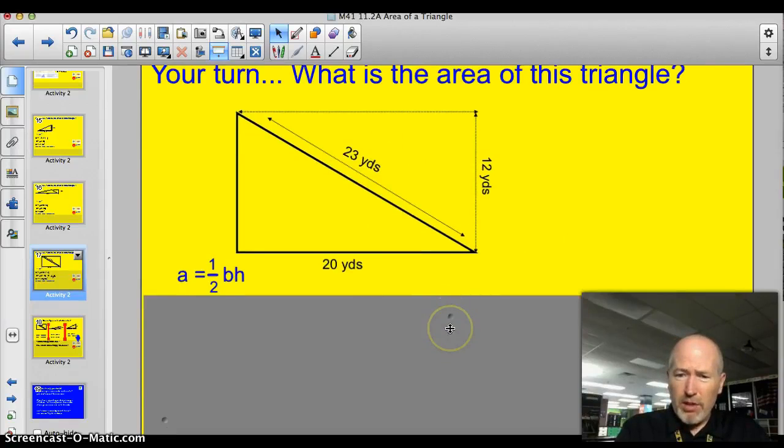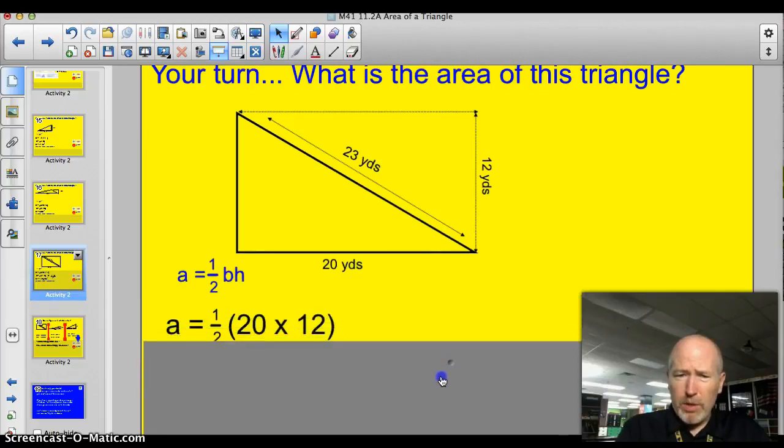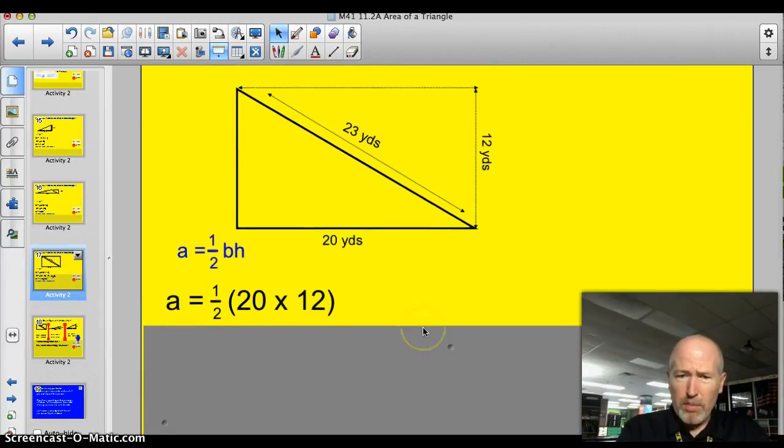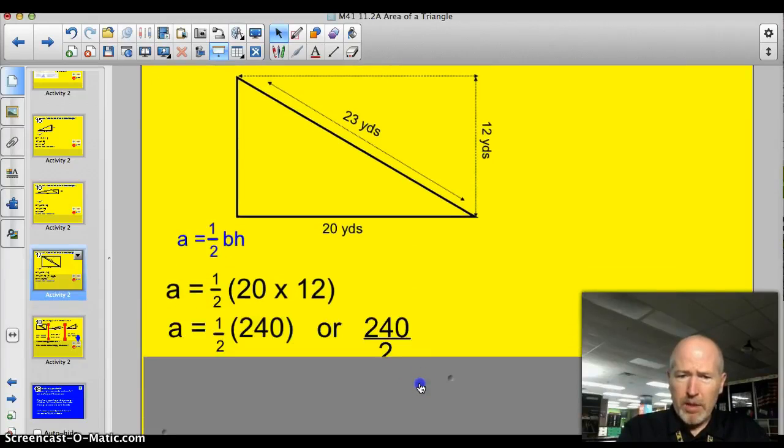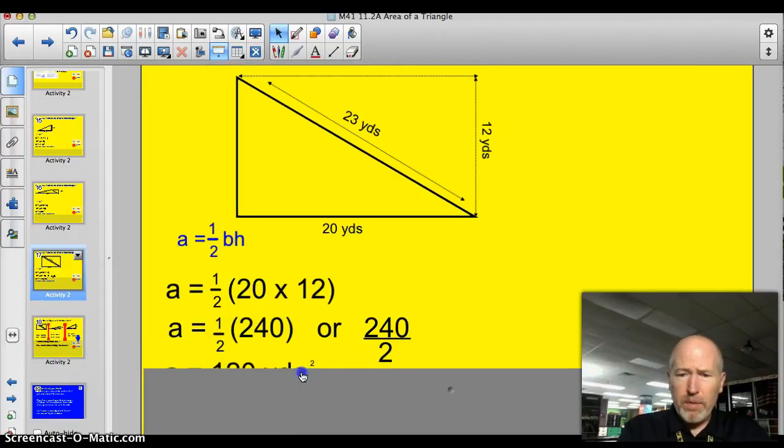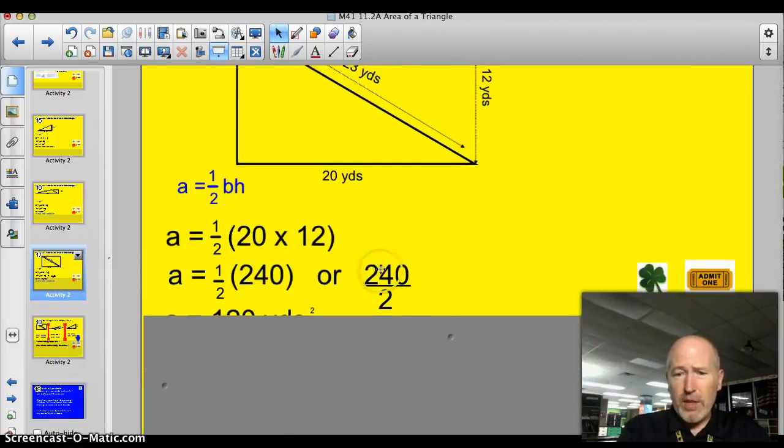If you calculated it correctly, you would have had 1/2 of 12 times 20, or 20 times 12, the base times height. That is equal to 240, 1/2 of 240. Or, if you'd like to think of it as 240 over 2, you could think of it that way too.